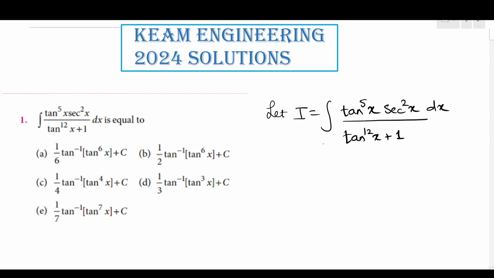Now you are given these 5 options. This is of the form MCQ, meaning a single correct answer. So let's see how to solve it.